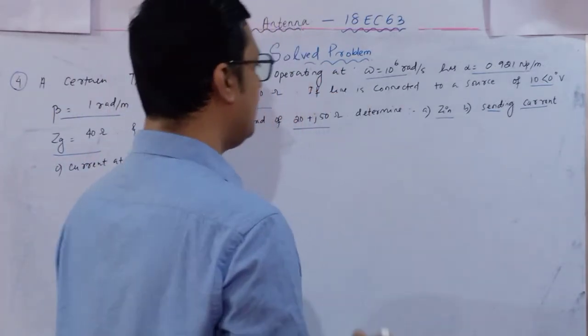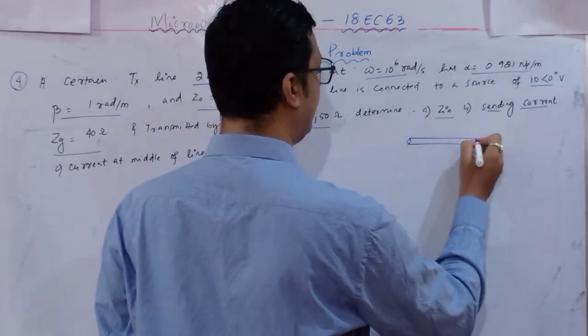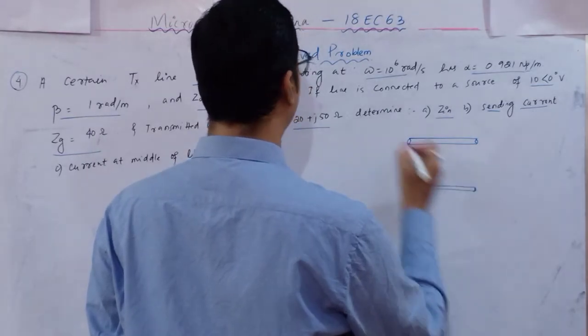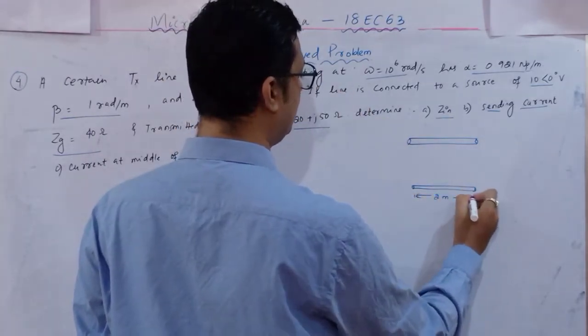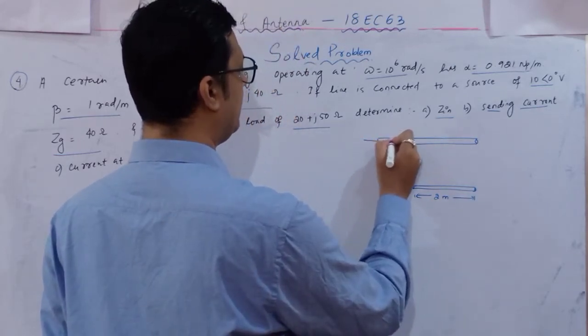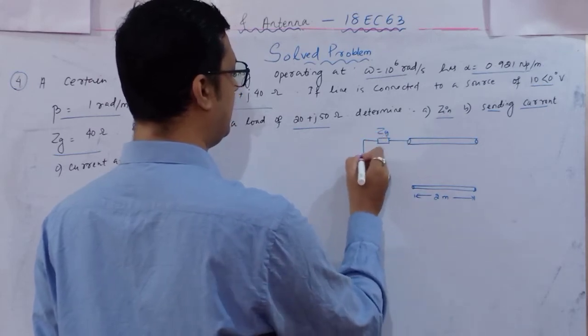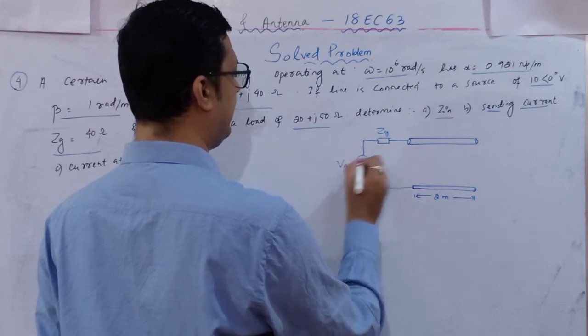Okay. So let us consider this is the 2-wire line whose length is 2 meter. Here ZG is connected at the input side with a generator, that is called VG.